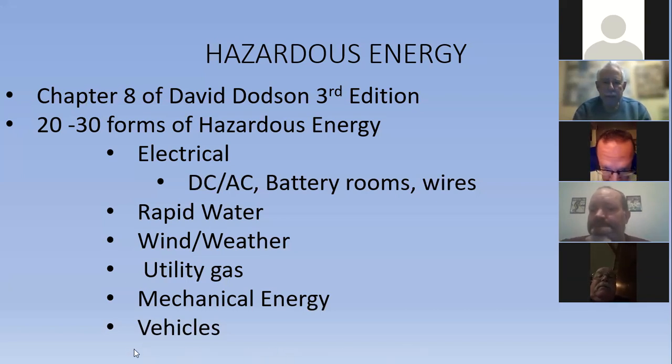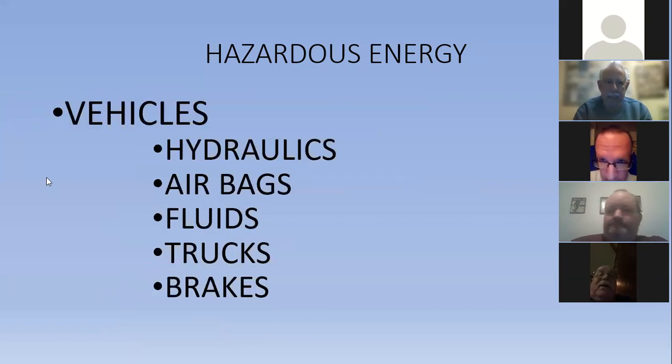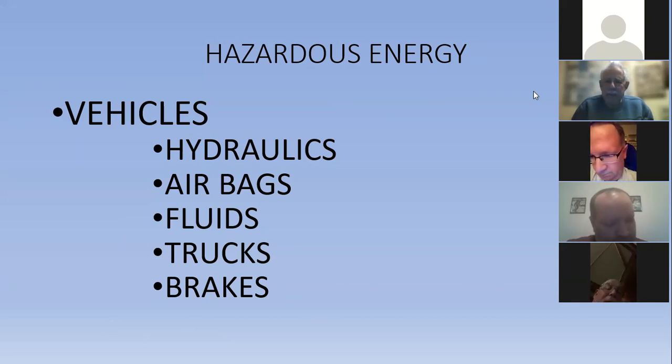Right, let's see. Vehicles. We handle a lot of vehicles, and there's a lot going on with the hazardous energy with the vehicles. The hydraulics, the airbags, there's all kinds of fluids. Trucks have huge energy on their brake systems.